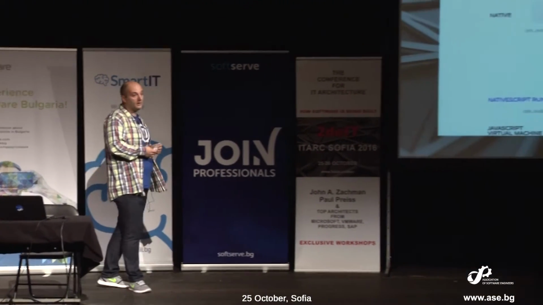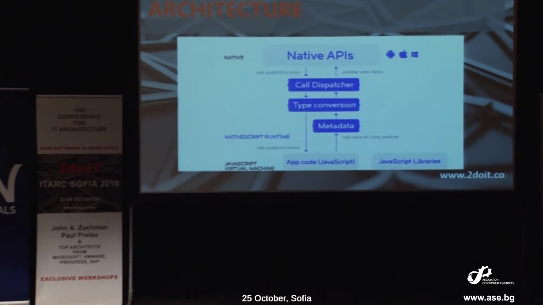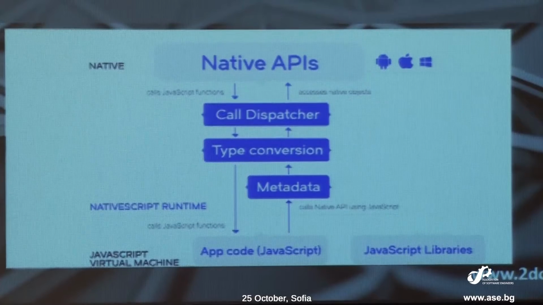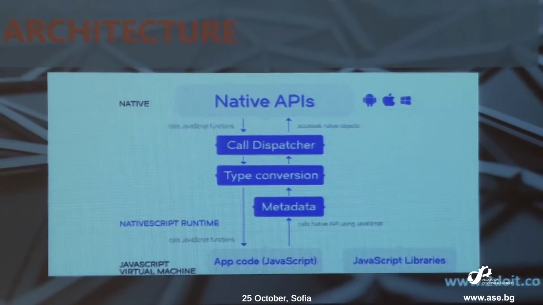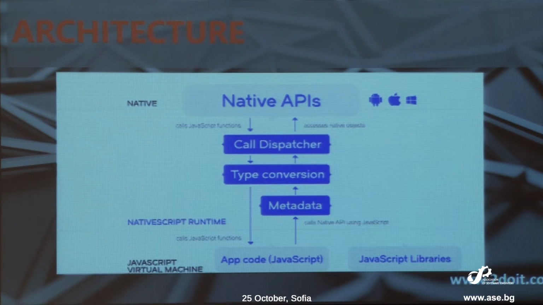The architecture of NativeScript is that it has a JavaScript engine embedded in it. That JavaScript engine is modified just a little bit. It's V8 for Android or JavaScript Core for iOS. There is a proof of concept, by the way, demonstrating how JavaScript Core can be used to build Universal Windows Platform applications.